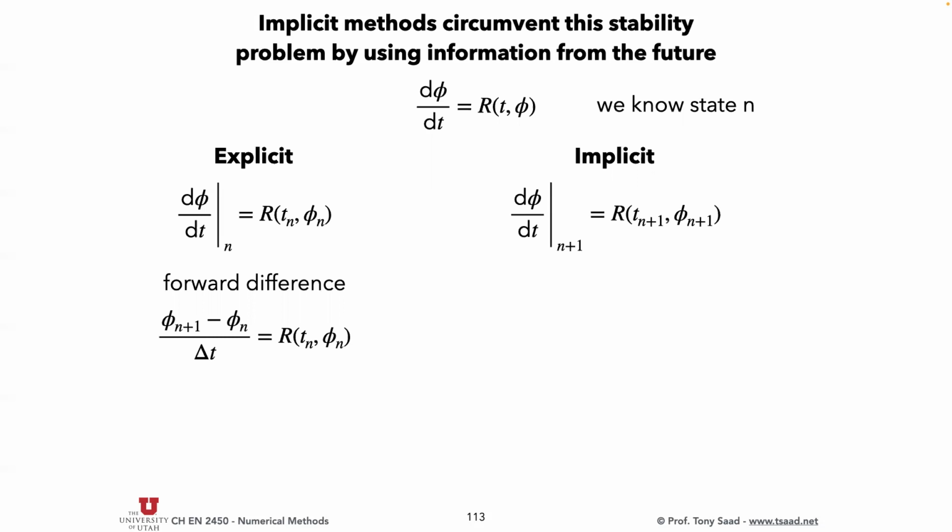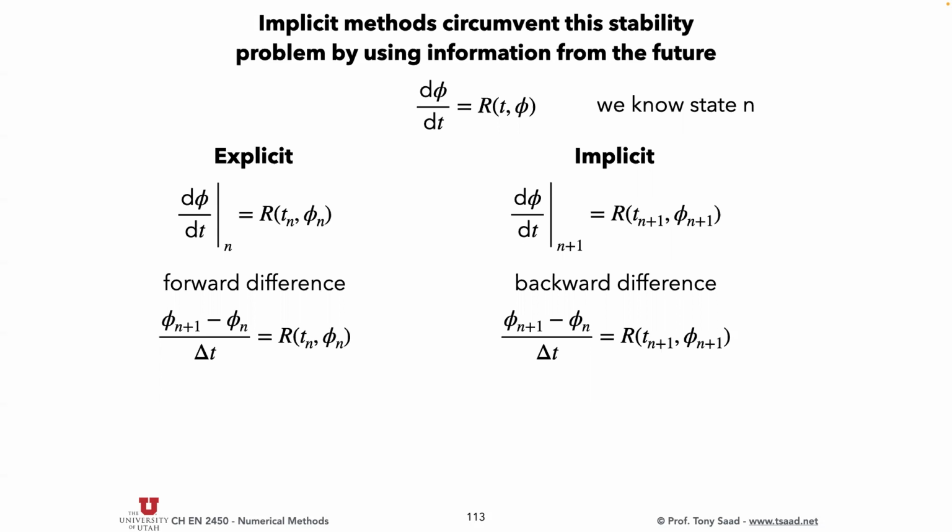So d phi by dt at n plus 1 equals r of t n plus 1, phi n plus 1. And for the difference, you use a backward difference. So that becomes phi n plus 1 minus phi n over delta t equal to the right hand side at n plus 1.